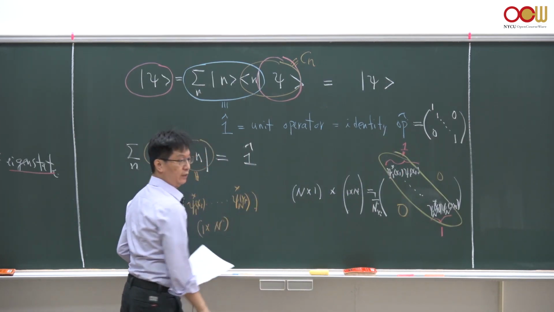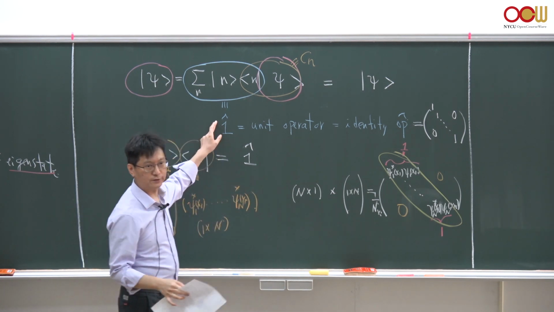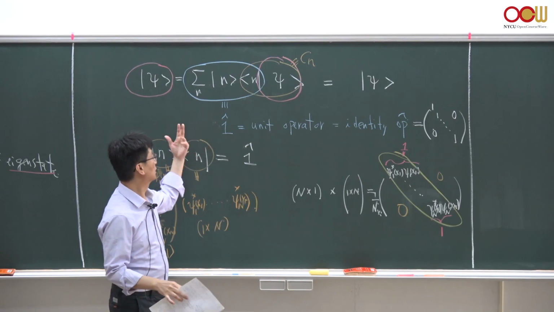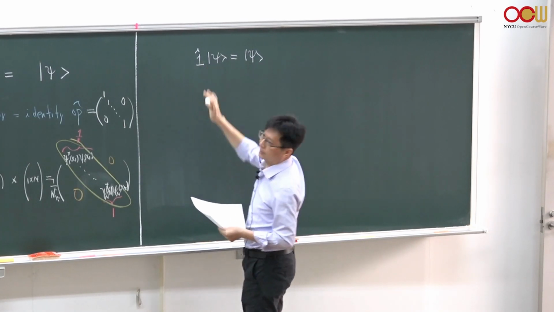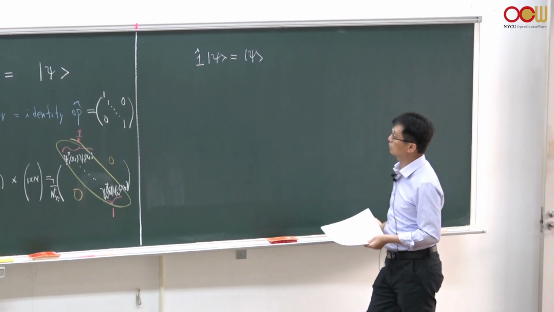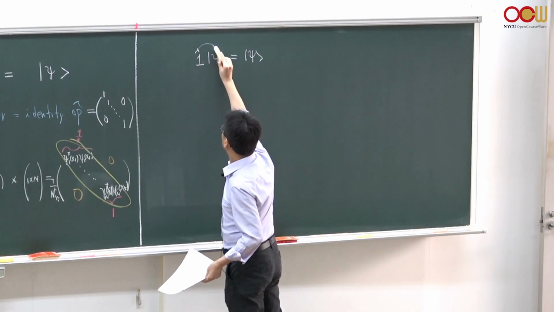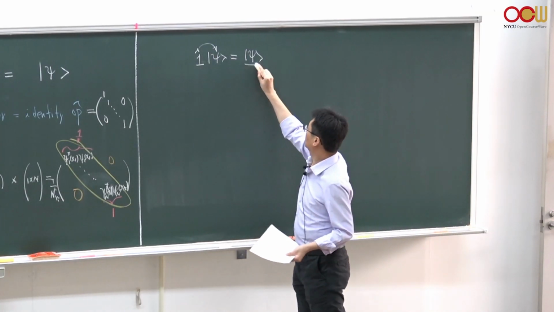So just like number 1, this 1 carrying a hat represents the unit operator, which gives you this trivial result. This is the quantum mechanical operator, the so-called unit operator. This operator acting on any Dirac state gives you that same state.